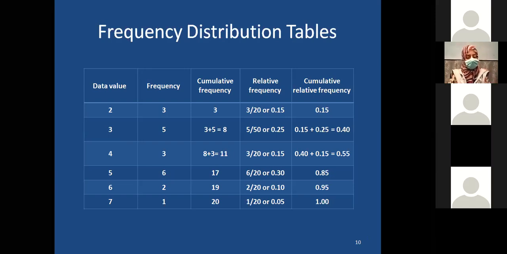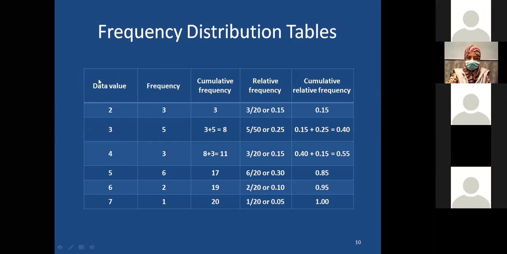For example, 3 families had 6 children. Now this shows how many families had a given number of children. For example, you have a data value of 2. There are 2 families in which there are 3 children. Okay? So these are the values that you need to remember. That will be part of the frequency distribution table.